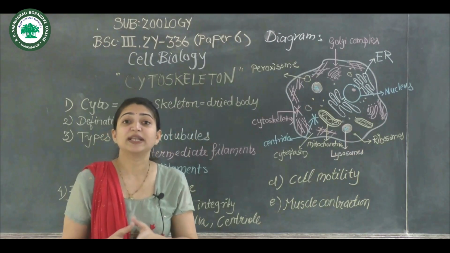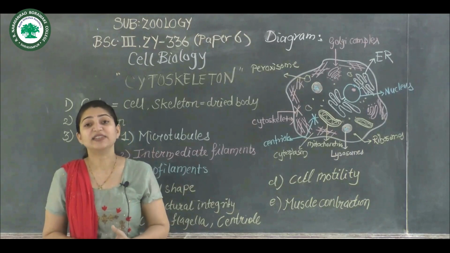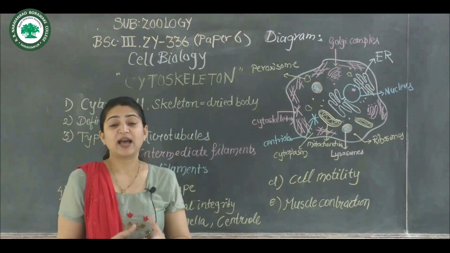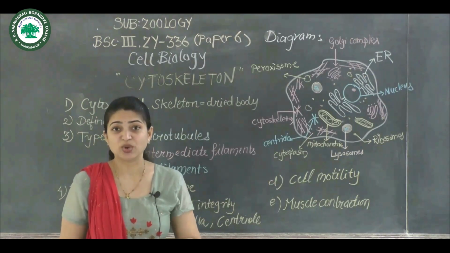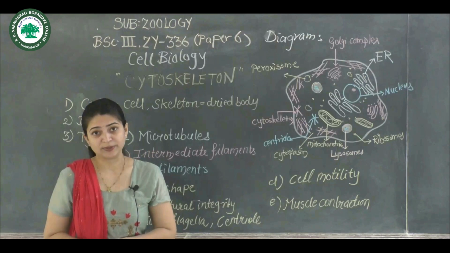It maintains the motility of the cell as well as helps in cell division. So these many properties are maintained by the cytoskeleton. It is a very important part of the cell structure.